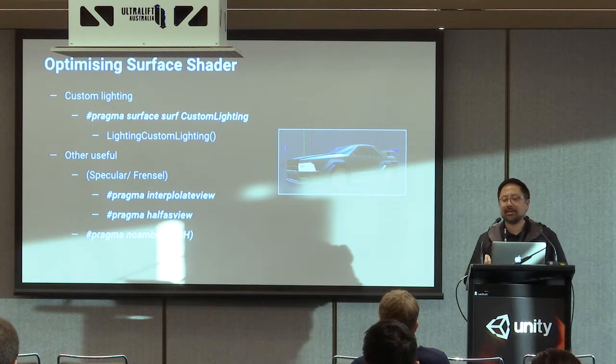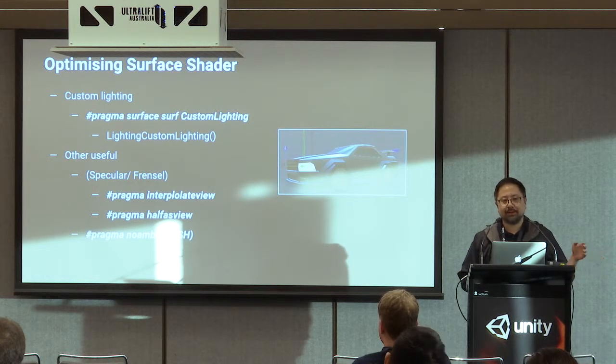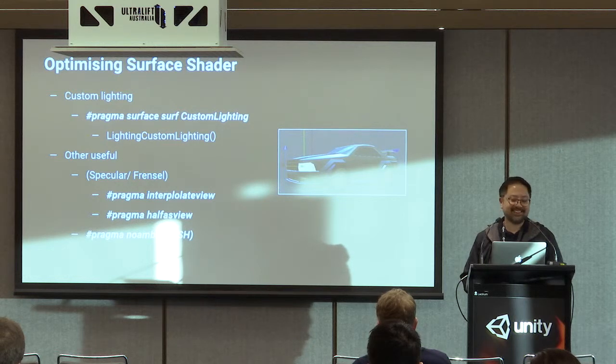In our case, we don't want to compute specular lighting inside the standard lighting equation. So we created a custom lighting function that only does diffuse shading, and we did all the specular outside of that in the vertex shader and just passed it into the emissive. Hope that was understandable.